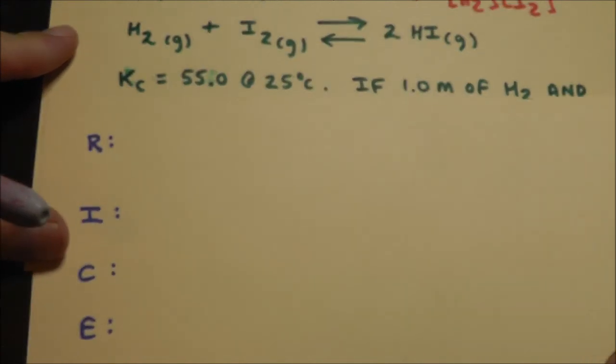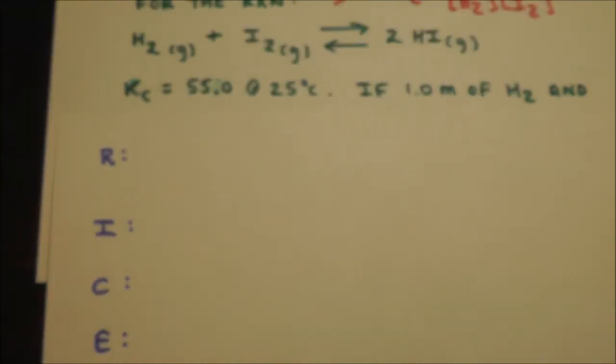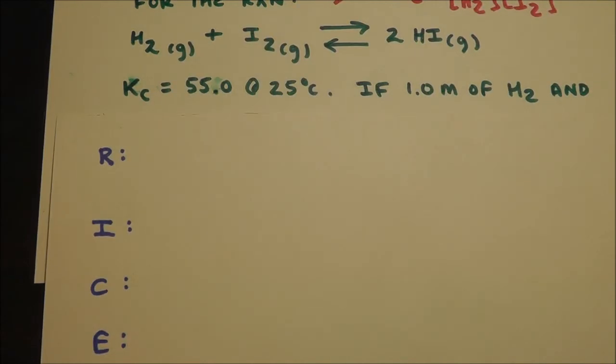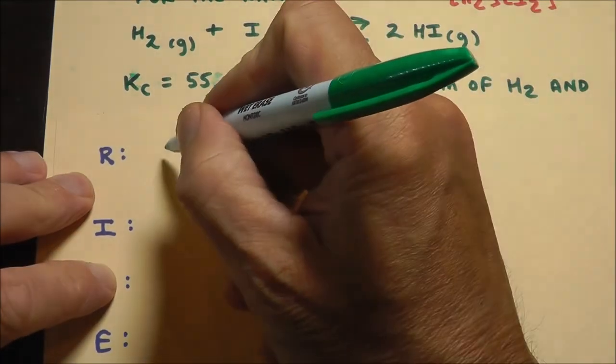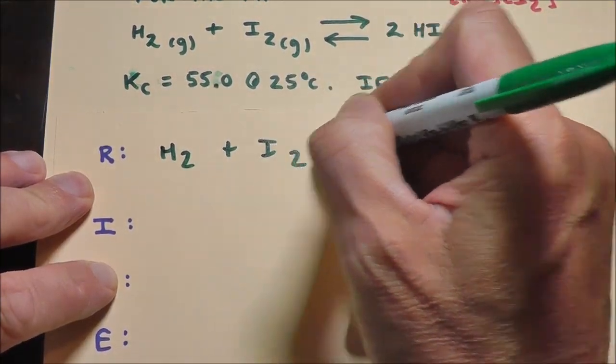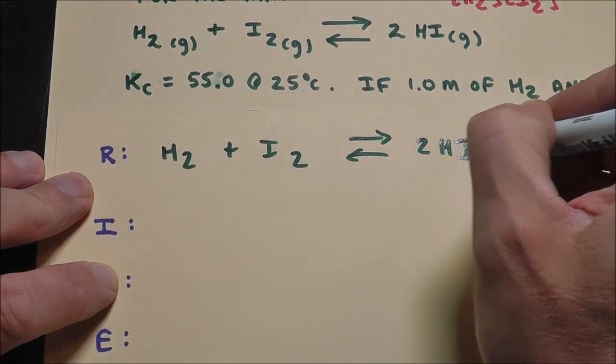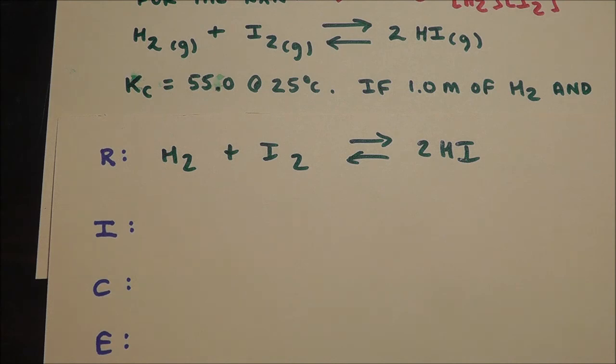Once again, R.I.C.E. table. So I'm going to go ahead and write the reaction and then the initial concentration. First, just get started by writing the reaction. All right, and then we got makes 2HI. You might even want to throw some of this stuff in there. Throw in some X's.